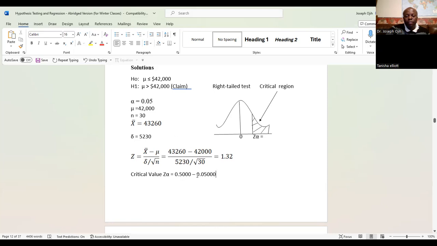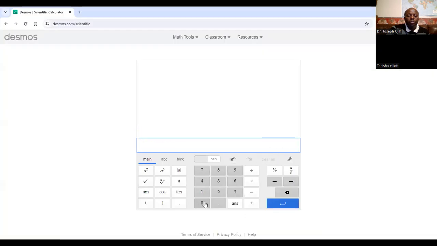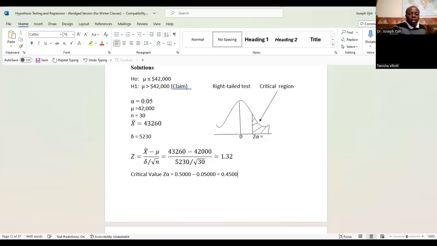So 0.5 minus 0.05 gives us 0.45, or 0.4500. Now we can look for this on the table to get the critical value.